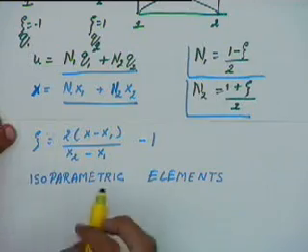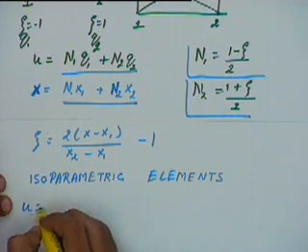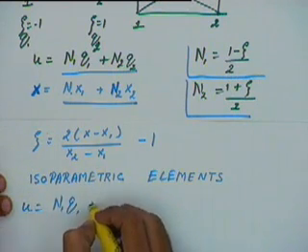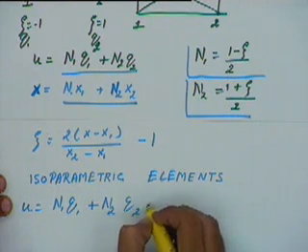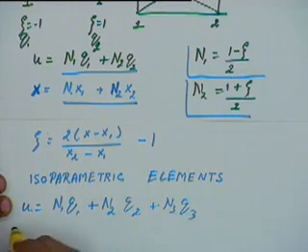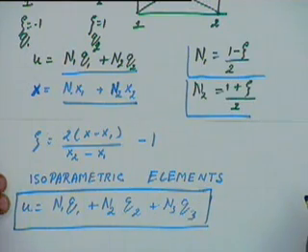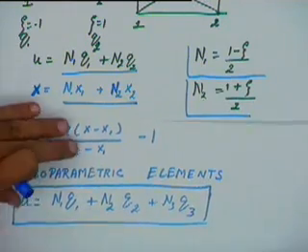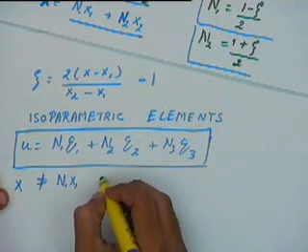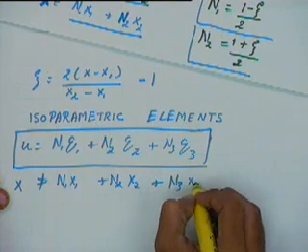If you notice the quadratic elements, where zeta is also defined in a similar manner, and where we said u is equal to n1 q1 plus n2 q2 plus n3 q3, this is not an isoparametric formulation. Okay, because in this case x will not be equal to n1 x1 plus n2 x2 plus n3 x3.